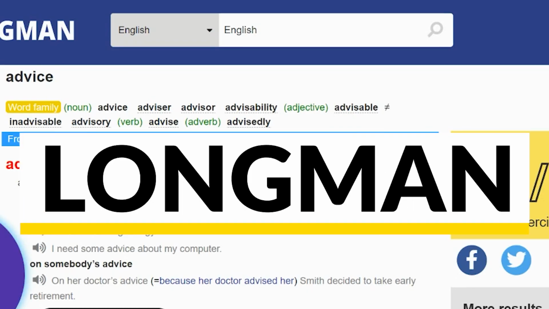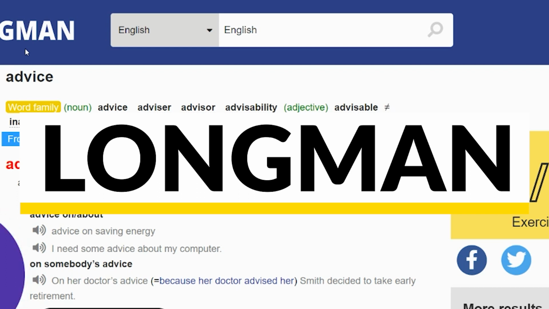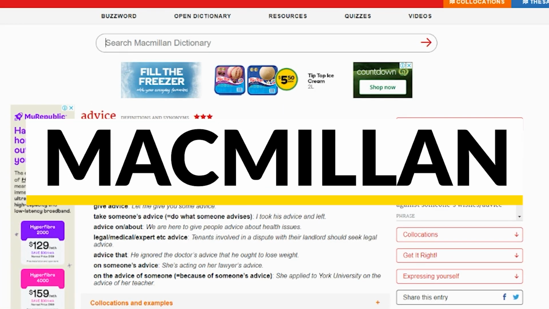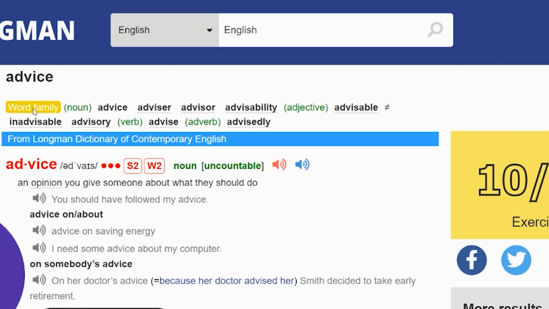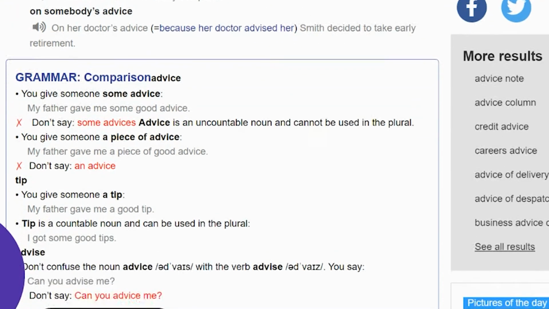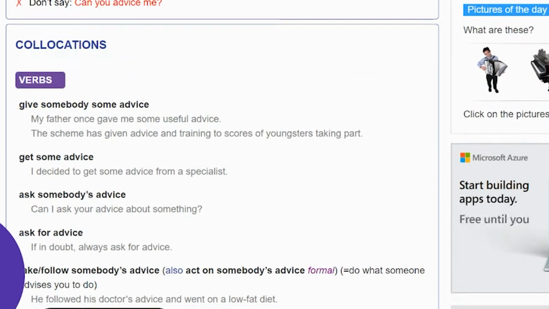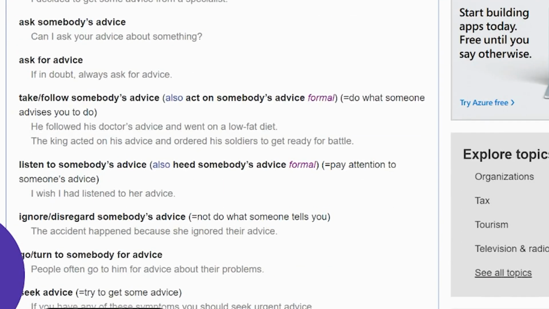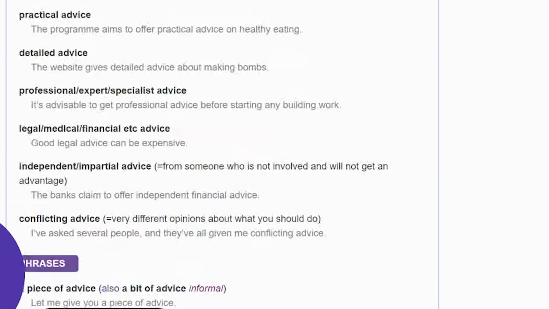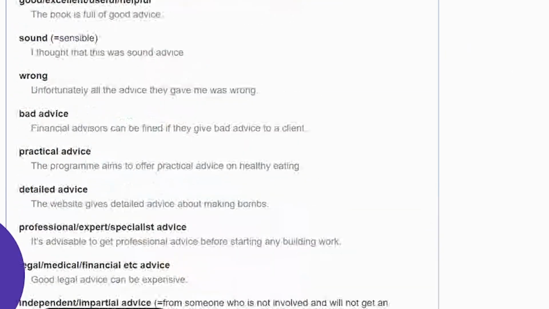The dictionaries I like using are Longman Dictionary Online and Macmillan. Longman usually has grammar explanations in grammar boxes, like in this case. Not all entries have a grammar box, but many of them do, and they're very useful. Some entries also have collocations, adjectives you can use with the word, and phrases.